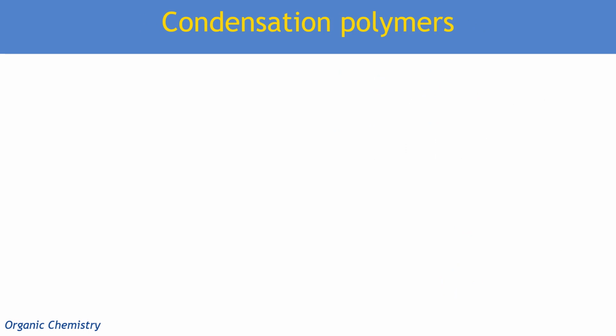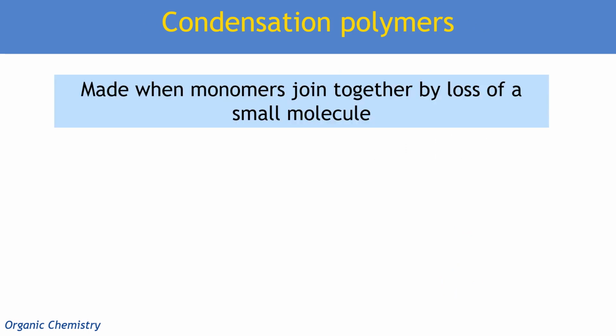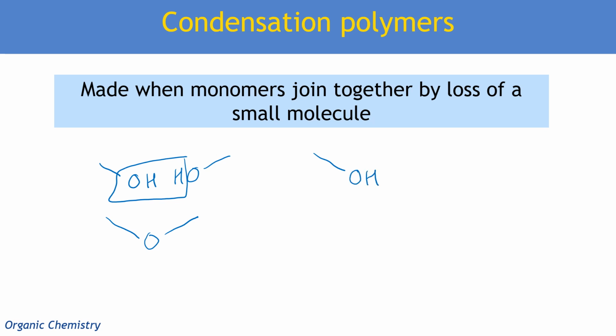Okay, let's move on to condensation polymers. So remember, they are made when monomers join together by loss of a small molecule, and that small molecule could be, for example, when we lose H2O and we join them together with an O. We could lose H2O from a different group.